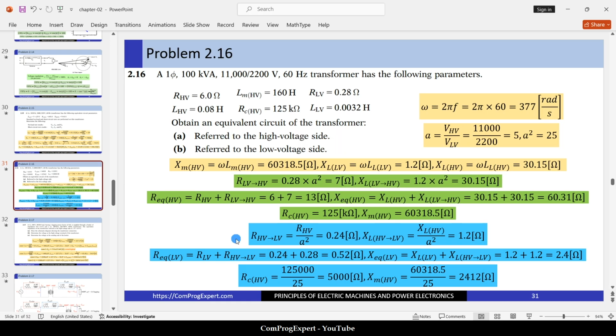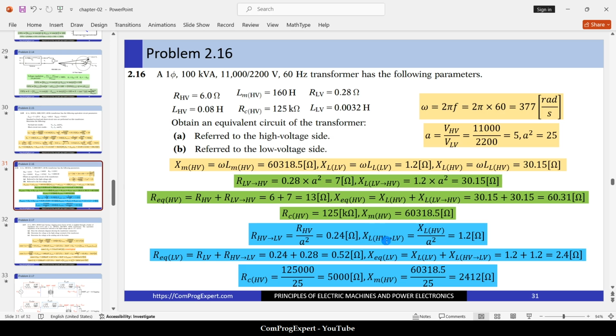And what about the low voltage side? Yes, we can do these calculations and calculate the resistance of the high voltage winding referred to the low voltage side. That is the R high voltage divided by A squared, equal to 0.24.